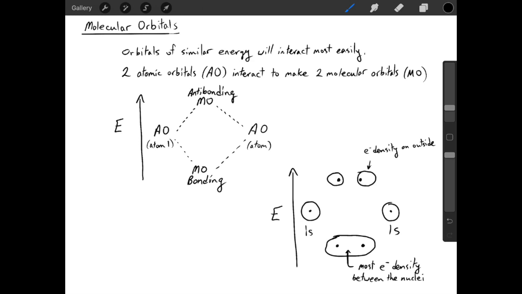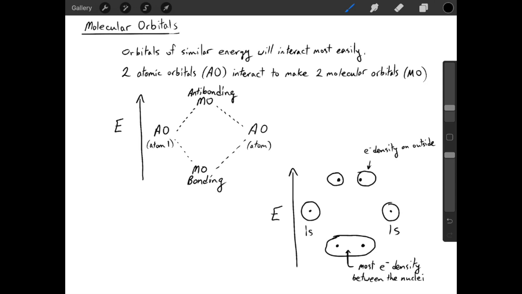And what happens now is that the electron density is on the outside of the nuclei, so the nuclei are pulled towards the electron density, which means they're pulled away from one another. So this kind of overlap is destructive. It's pulling the atoms apart. And the bonding molecular orbital, the lower energy orbital, is pulling the nuclei together. It's creating the bond.